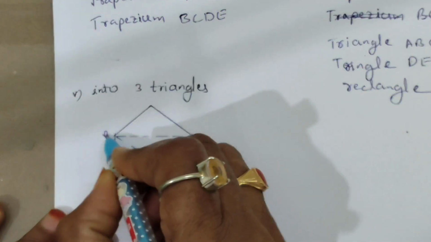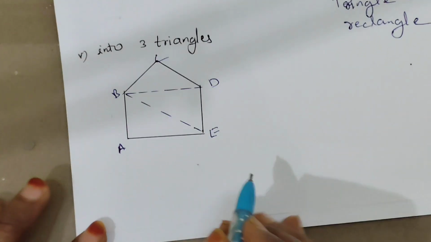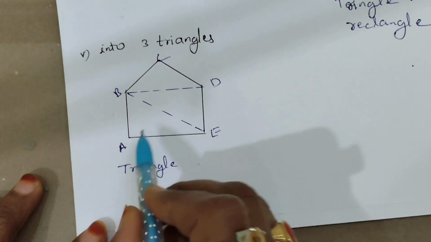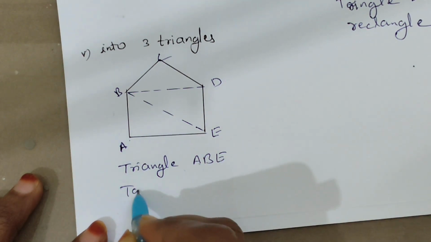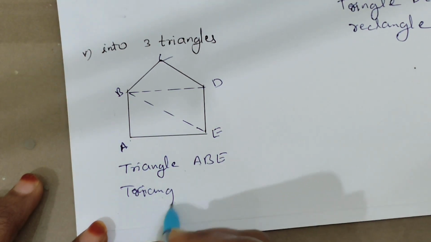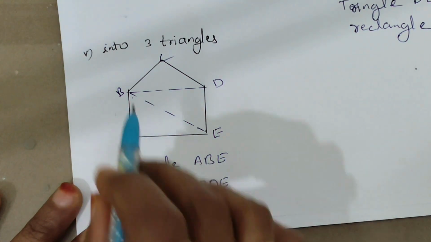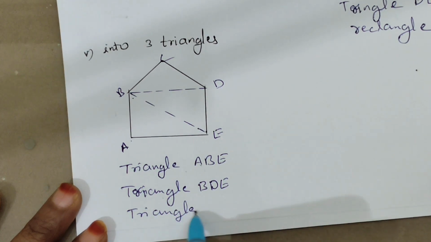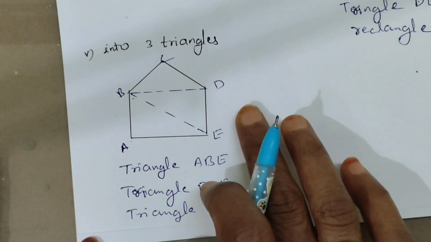Write A, B, C, D, E. Triangle A, B, E. Triangle B, D, E. Next, triangle B, C, D. These are the three triangles in this diagram. So now your first part is completed.